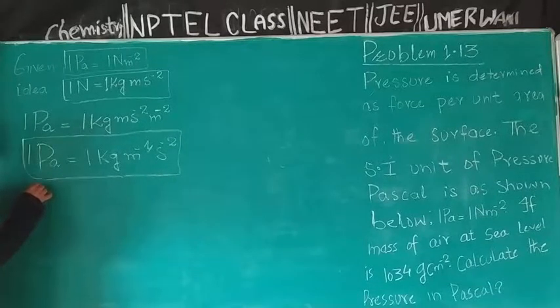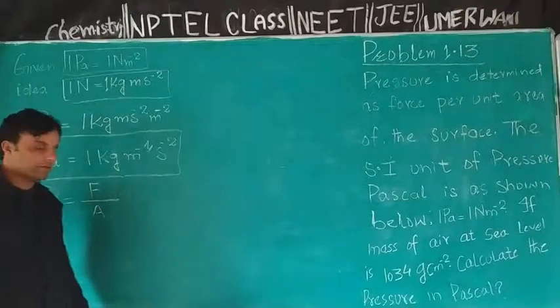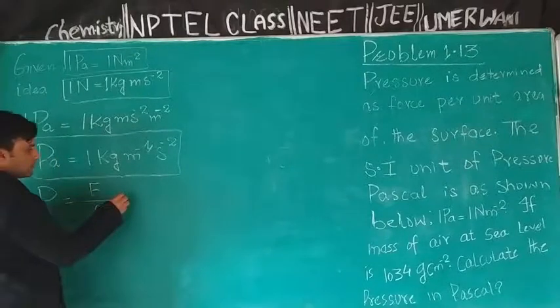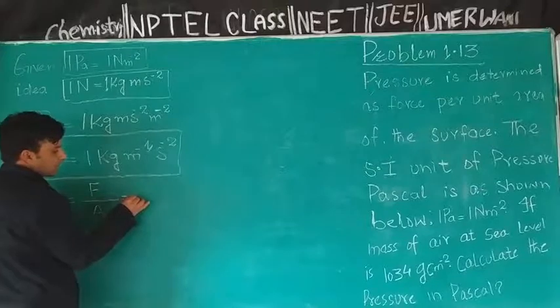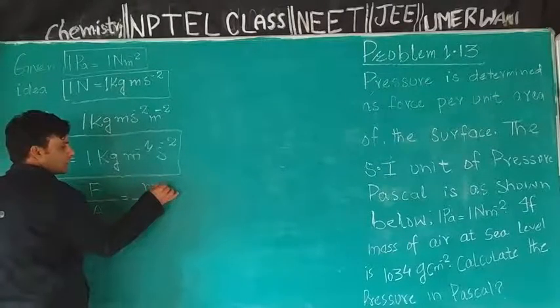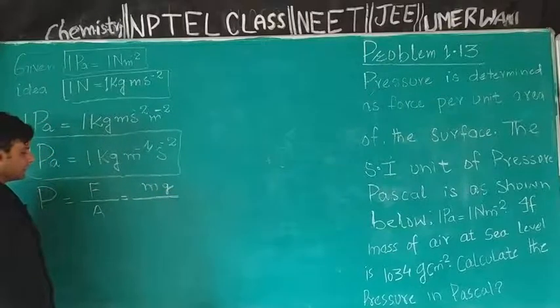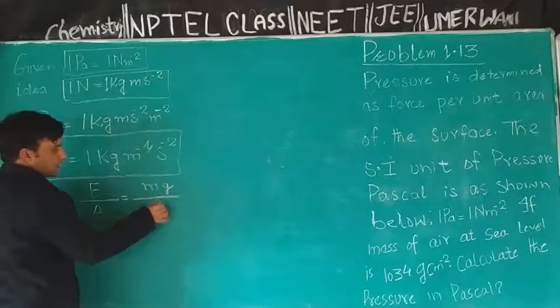We know pressure is determined as force per unit area. At sea level the force operating on air is the force of gravity, and force of gravity is equal to mass into acceleration due to gravity, represented by small g, divided by area.